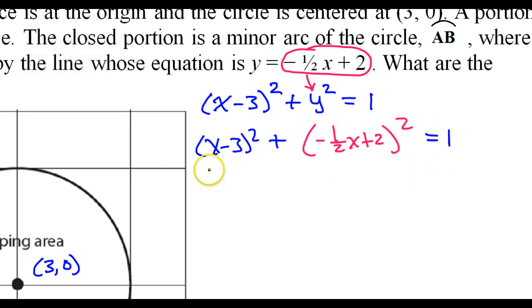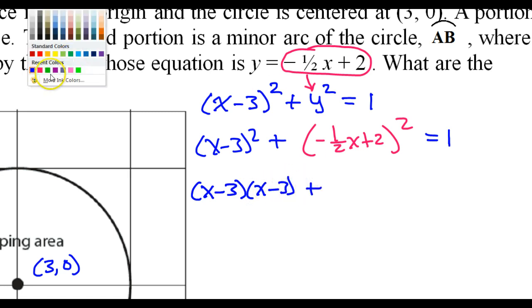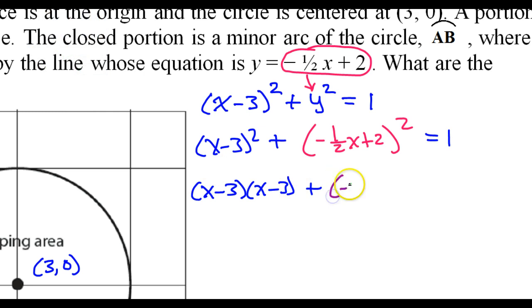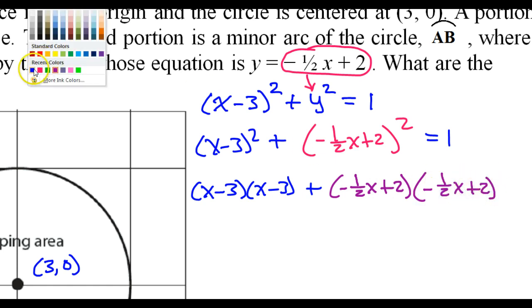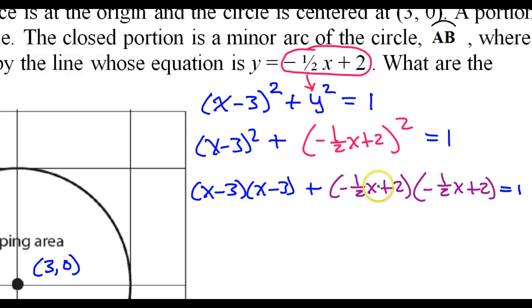So let's work this out. Now we will have to expand these. Let's do (x minus 3) times (x minus 3), and in a different color, (negative 1/2 x plus 2) times (negative 1/2 x plus 2), equals 1.